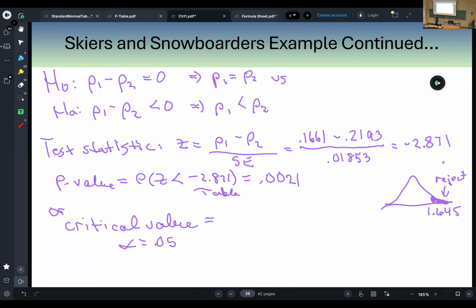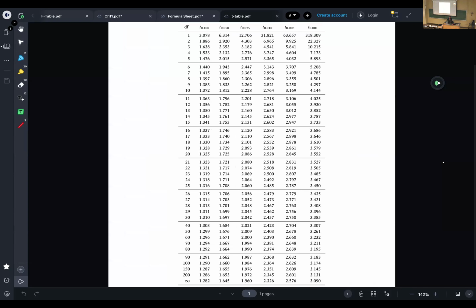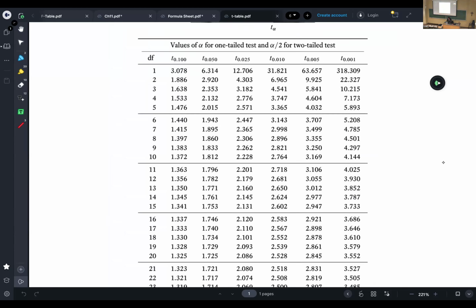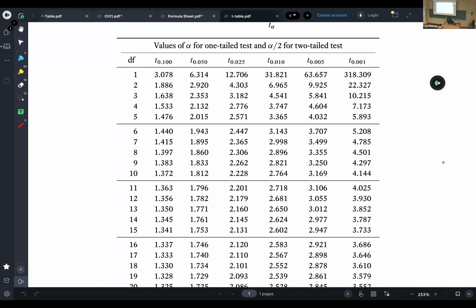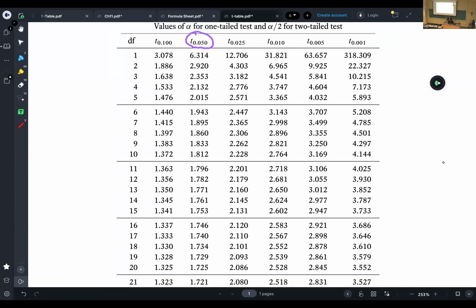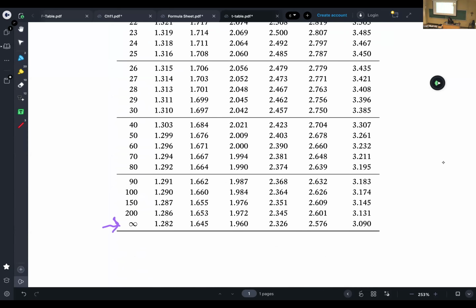Remember our T table that we have. You can just simply go, well, here is 5% in the tail, 0.05. The normal distribution has no degrees of freedom, but we do come down here to our infinity. And there it is, 1.645.